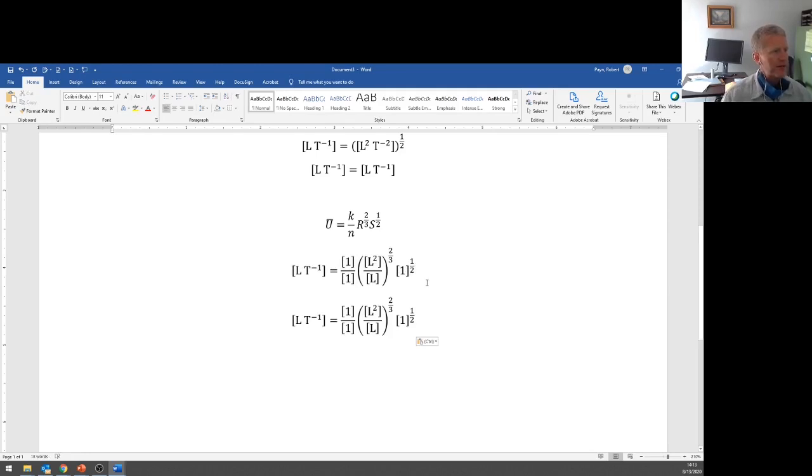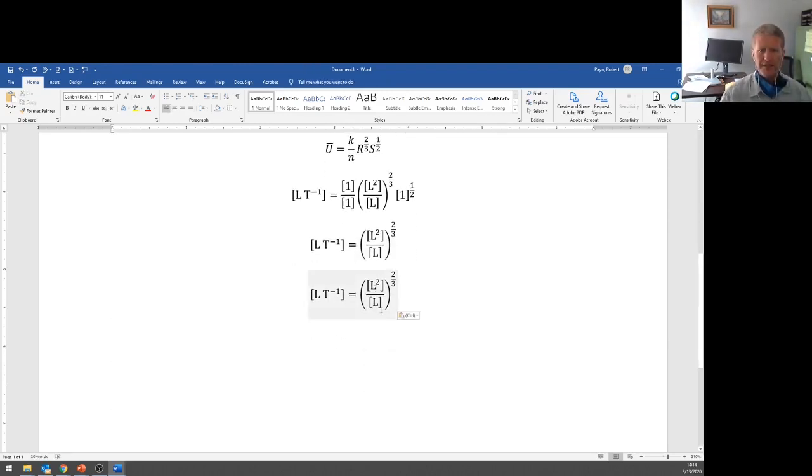Start on a new line. Well, I recognize that all of these 1s go away. Then I can start working on those lengths. Well, length squared over length is just a length, and then I end up with length to the 2/3, which I could represent in a couple of different ways.